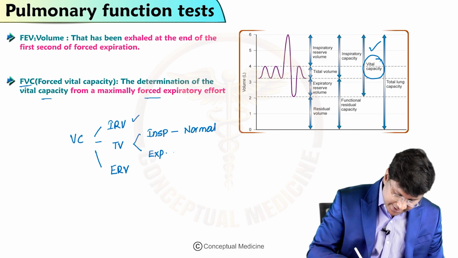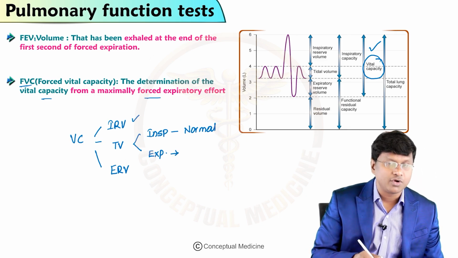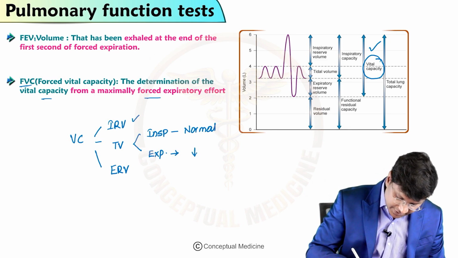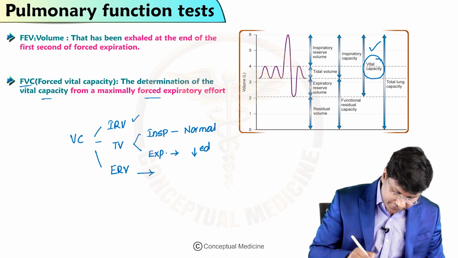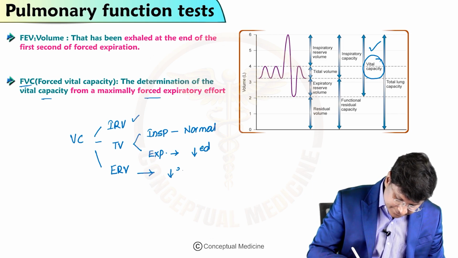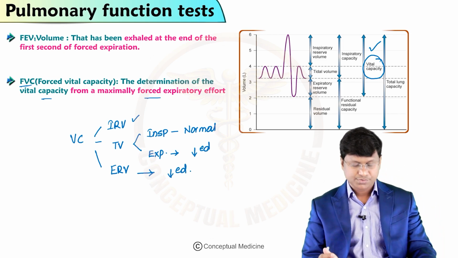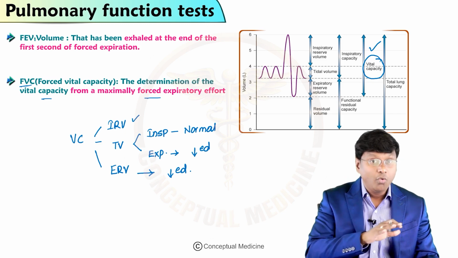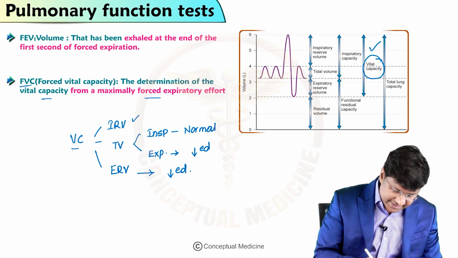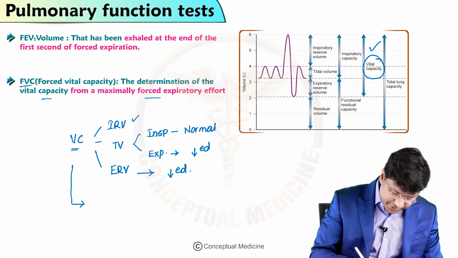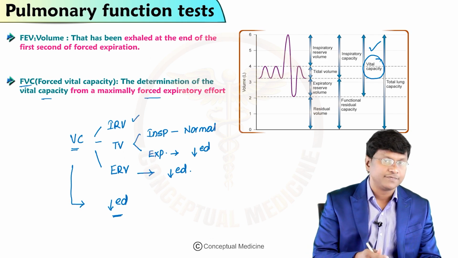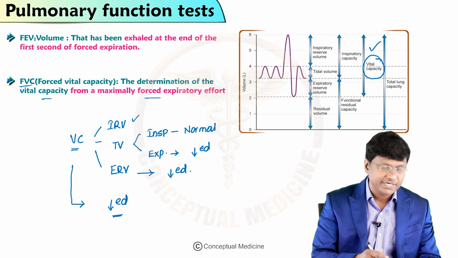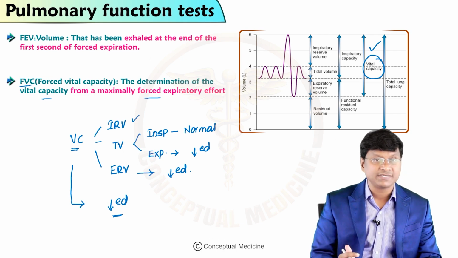But the expiratory component of tidal volume and the expiratory reserve volume of your vital capacity are also reduced. So overall, the vital capacity is reduced. Why? Because your expiratory component of tidal volume and expiratory reserve volume is reducing. So that is the reason why vital capacity is reduced.